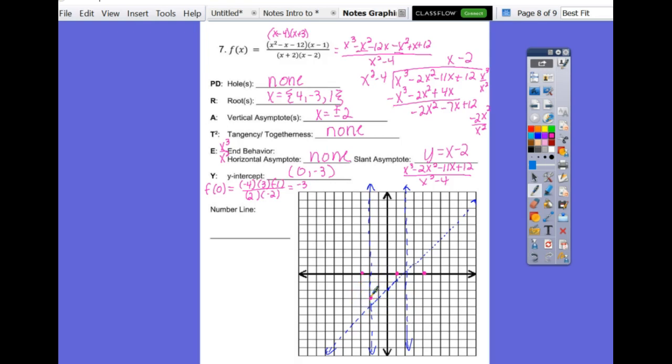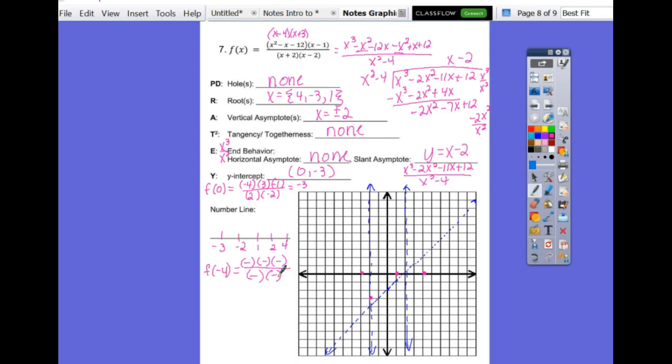On my number line, I'm going to have negative 3, negative 2, 1, 2, and 4. So let's test negative 4. If I put negative 4, I'm going to get a negative times a negative times a negative all over a negative and a negative.